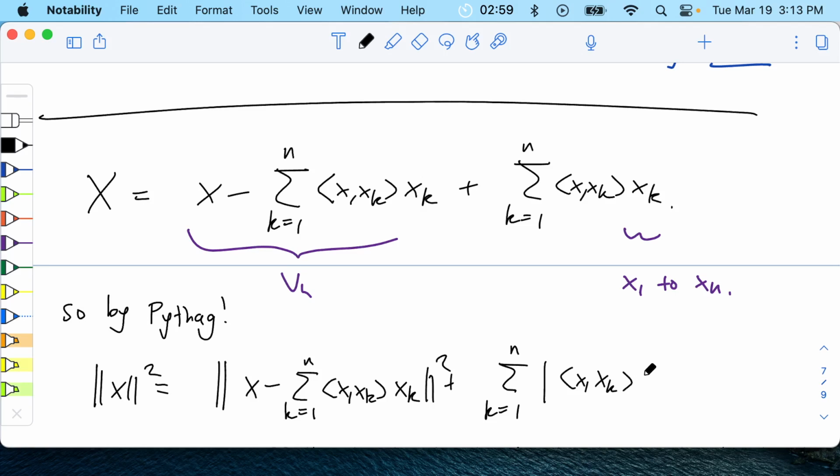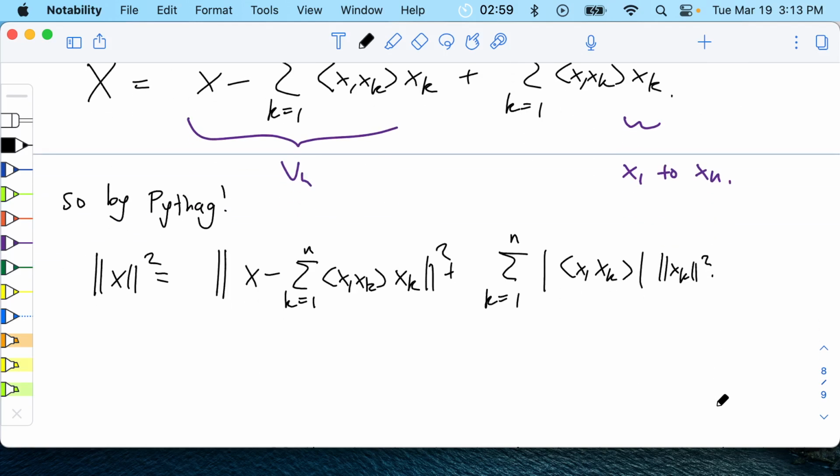The norm of xk squared is 1. Maybe I'll write down one more step. I'm missing the squared, which is right here. Okay, let's not do one more step. Let me just cross out this thing and write 1. This thing is equal to 1. So there you go. And that's exactly what we wanted to show.